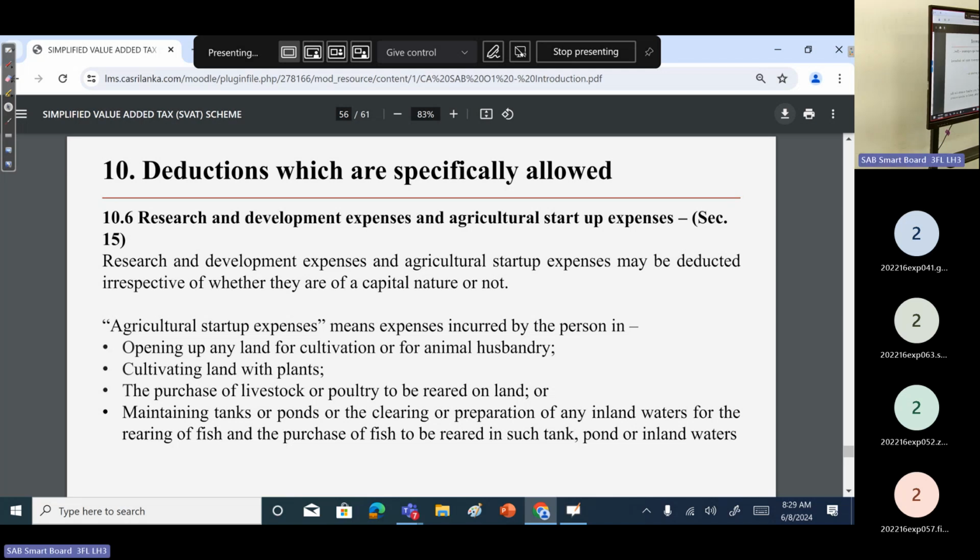If we start up a tea plantation, from day 1 we do not get a return from that investment. If we start a grocery shop or a shopping mall, from day 1 we get income. So in the agricultural industry, there is a substantial period before we get a return or earned income from that business.